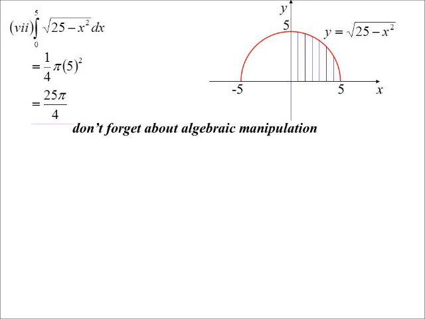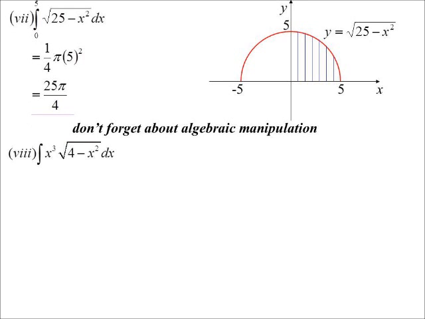So don't forget about algebraic manipulation. Okay? So we've got x cubed times the square root of 4 minus x squared. We can manipulate this into something we can handle. Watch this. x cubed, I'm going to change into this rather strange thing: minus x times 4 minus x squared plus 4x.